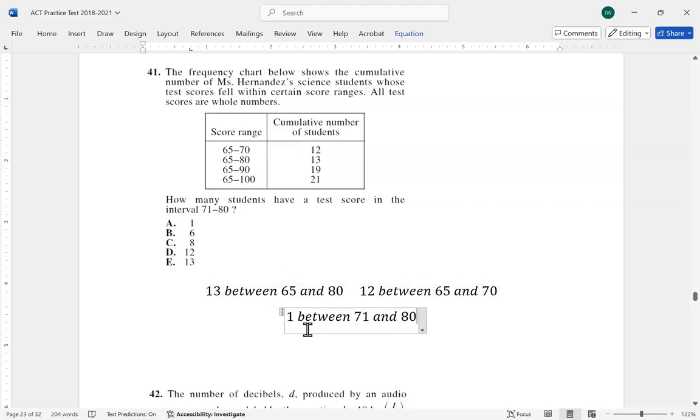So one student scored between 71 and 80, and therefore the answer to question 41 is option A, 1.